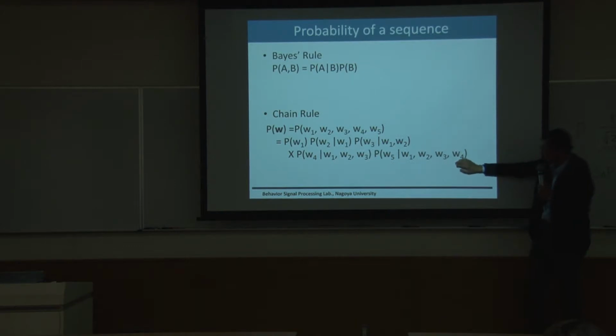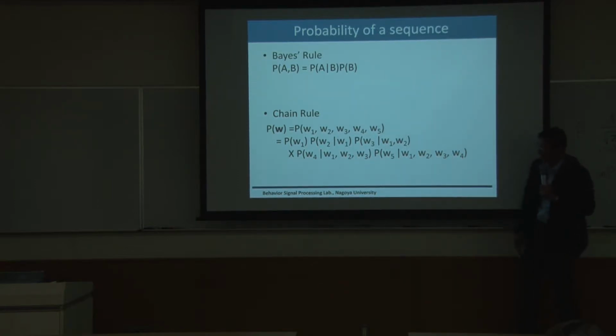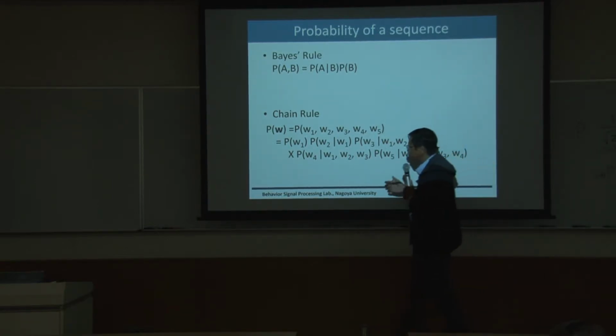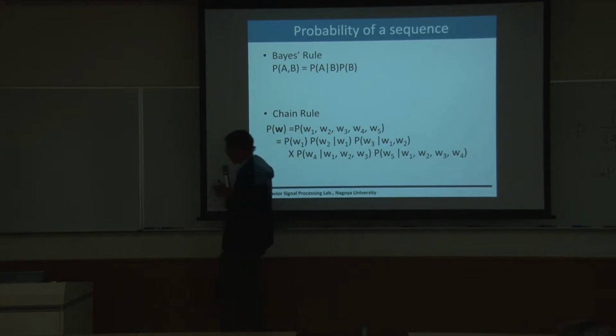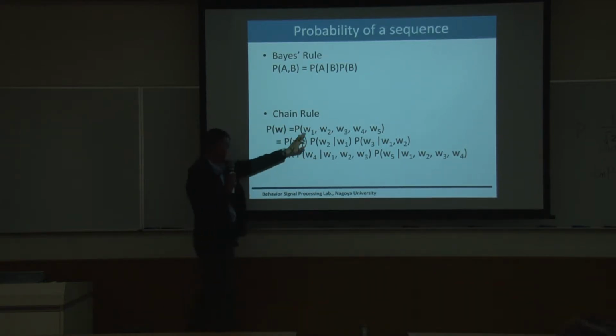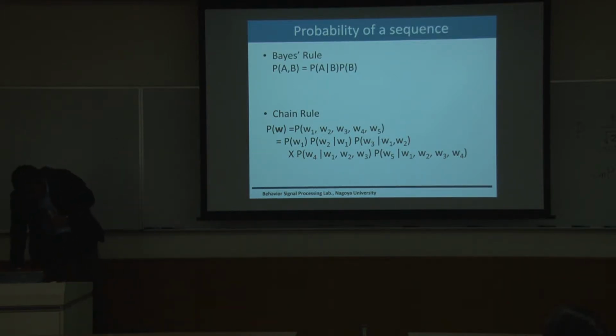Therefore, if you change the second or third word, the result will change. But when you put the Markovian assumption on this sequence, you can drastically change the formula to a much simpler one, which is given on the next slide.